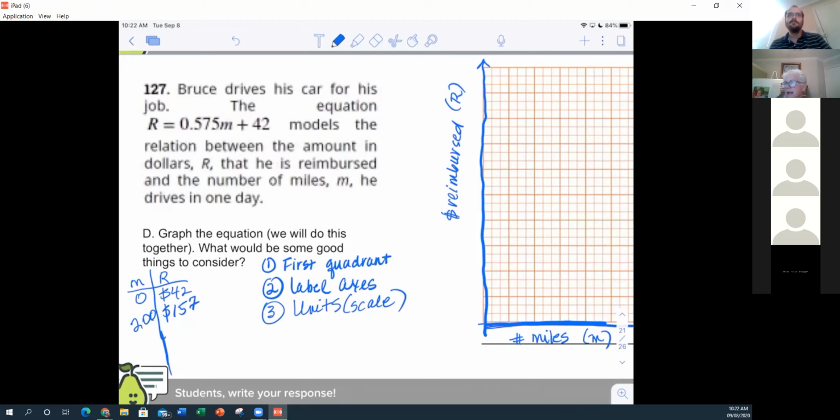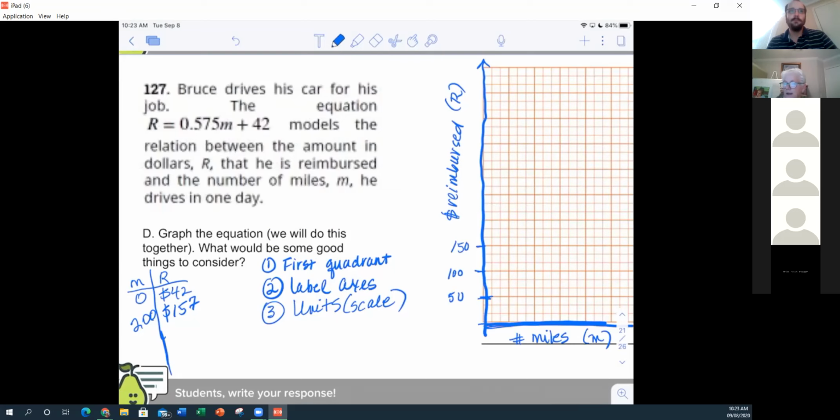Again, yours can be different than mine, and your graph paper might look different than mine. So I'm going to let these be 50s. You don't have to do that. I'm just saying that might be a good number to do.